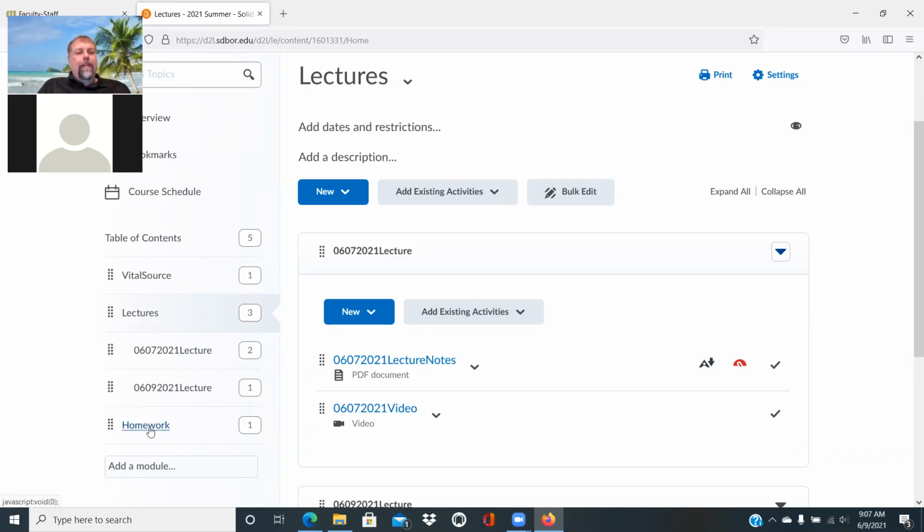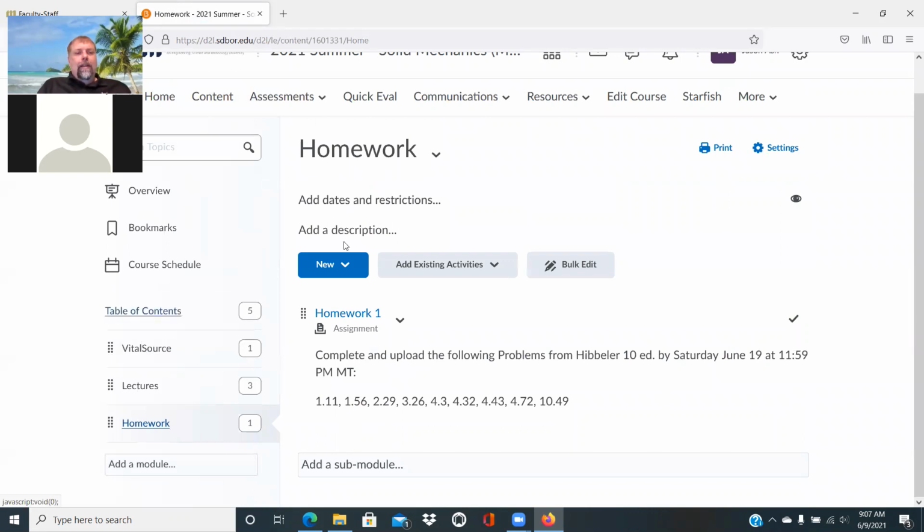Next up, I'll have another main module, which is our homework folder. I did go ahead and post our first homework out there. That'll be due not this coming Saturday, but next Saturday, June 19th by 11:59 p.m. Mountain Time. These are just completing the problems from your Hibbler textbook.